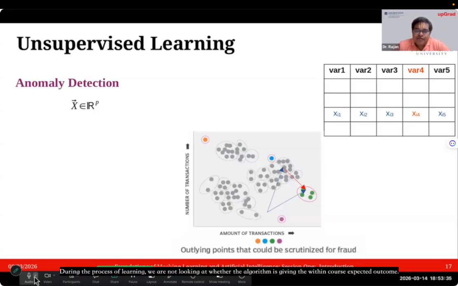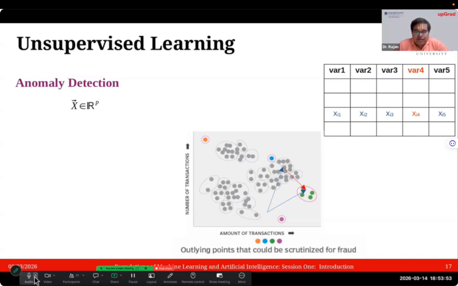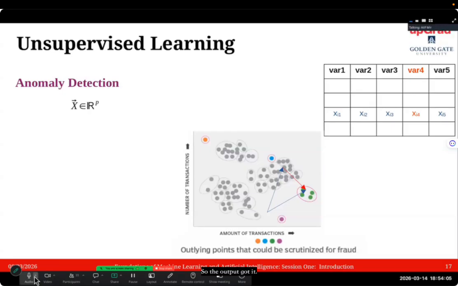No. During the process of learning, we are not looking at whether the algorithm is giving the expected outcome. There is nothing to check back whether something is working right or not. We tell the algorithm, use this definition and do this task. It just goes and does the task. So the output is a cluster as opposed to some right outcome. Correct. Okay. Thank you.